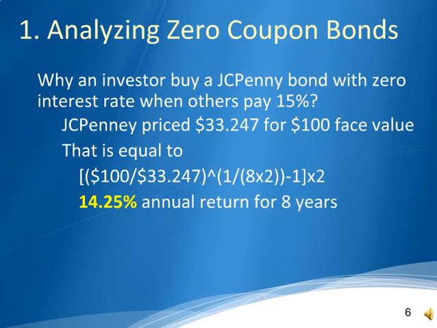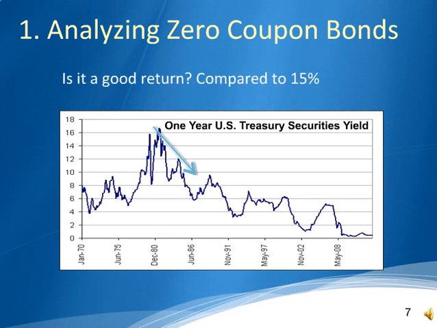JCPenney priced the $100 face value bond at a huge discount, at $33.25. Based on that calculation, the annual return rate for the whole 8 years will be 14 and 1/4%. It's a 14 and 1/4% return on the investment.